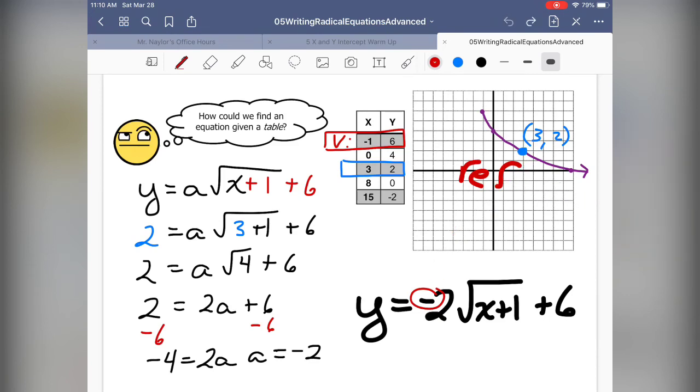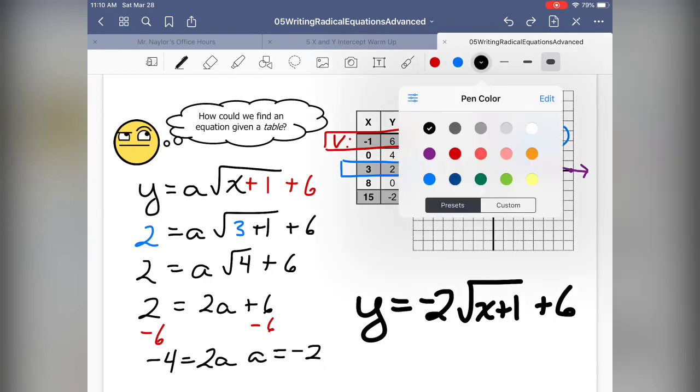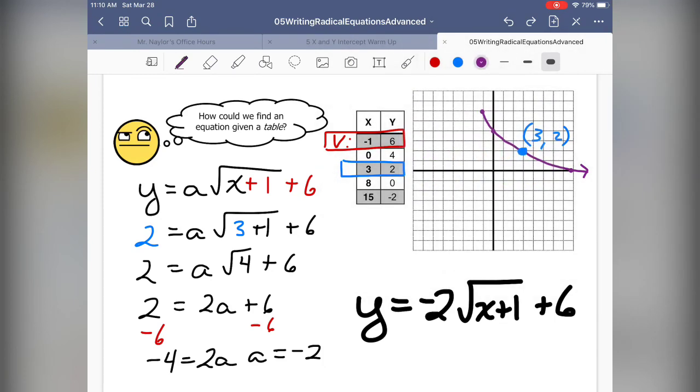But if you want to be super sure that everything's right, you can always plug in another point. You could go back and take this point 0, 4. Nice thing about plugging in zeros, as we just did in the warm-up, it's easy to do. When I plug in a 0, I find out that I'm actually going to be taking the square root of 1.